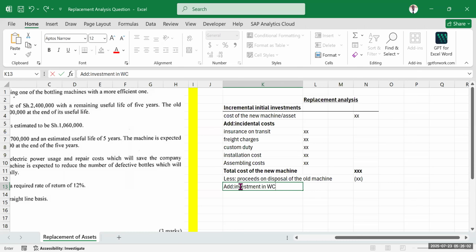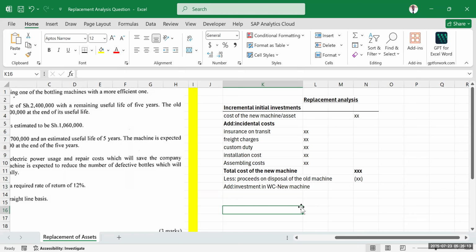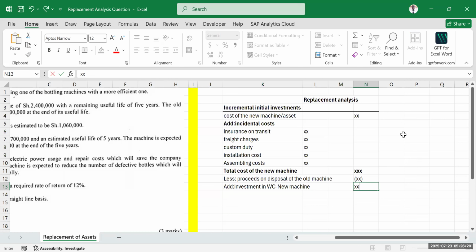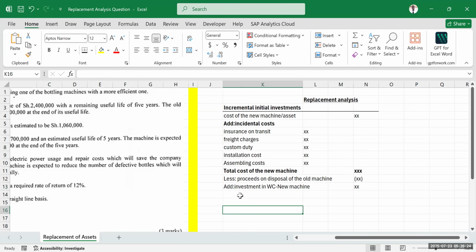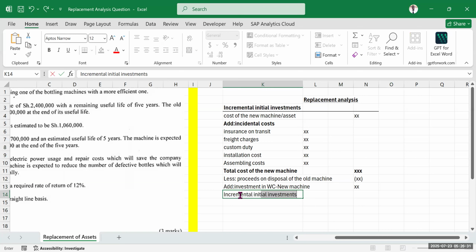And this, you should know, applies to the new machine. So you will add that injection. But remember, I mentioned that working capital normally we recover in the end, and we are going to see how that unfolds. These adjustments, all of it, should give us the incremental initial costs.